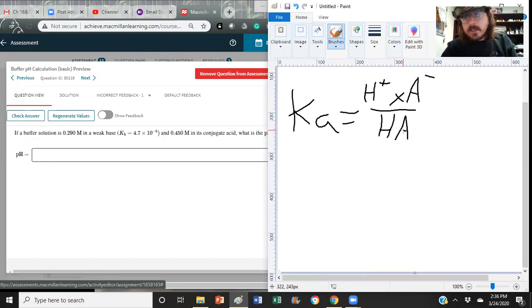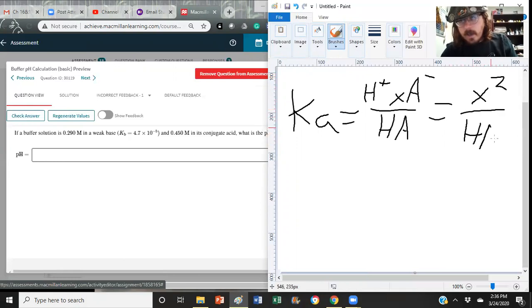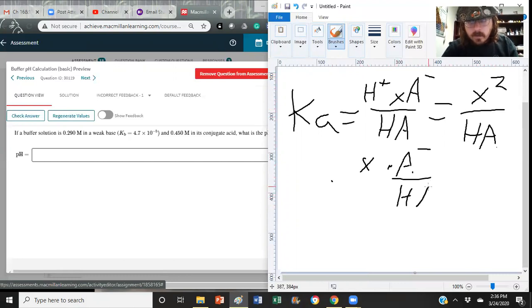And because we had 0 concentration of A minus, we set those as x and x squared over HA. But now we have an unknown amount of H plus and a known amount of A minus. So we're going to separate those out.